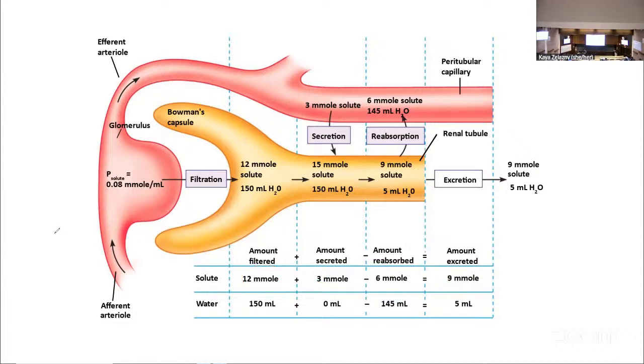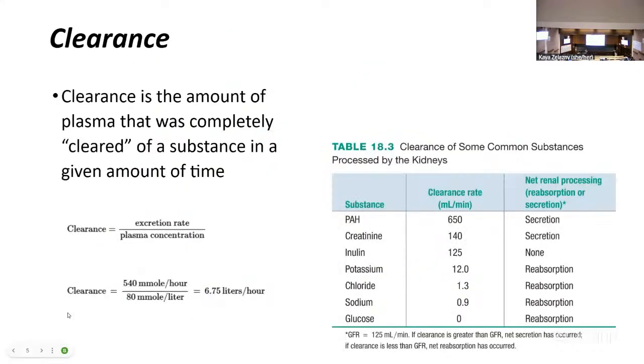Okay. So the final topic here is a little bit of a mention of this idea of clearance. Clearance is something that you may measure in clinical courses in the future. The basic idea of clearance is that we could calculate essentially an amount of blood that you've fully removed some substance from.